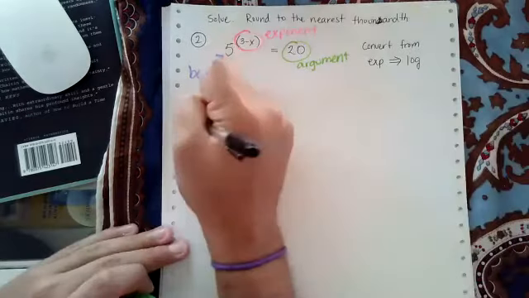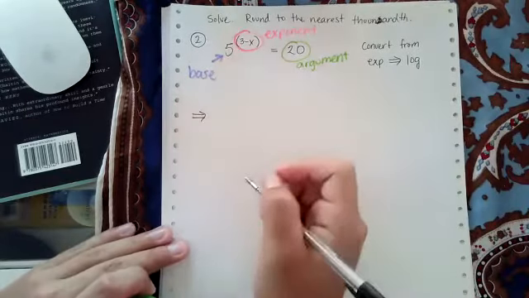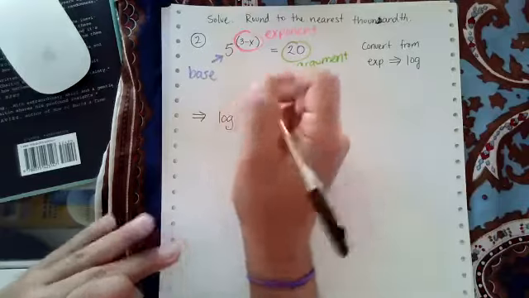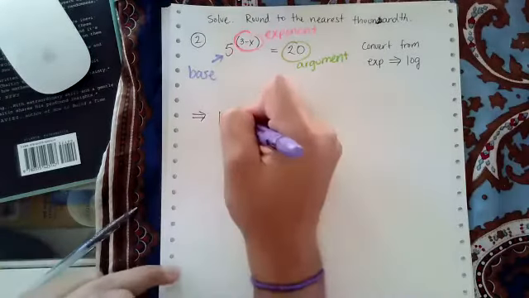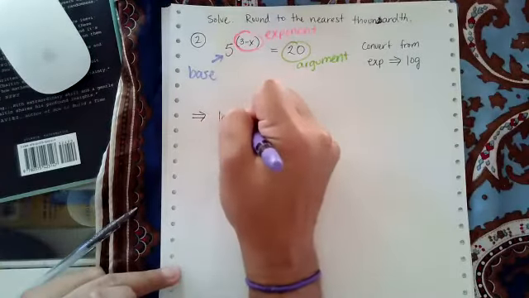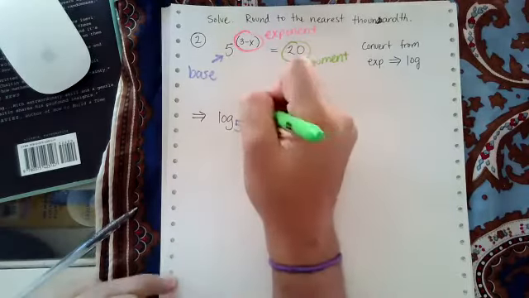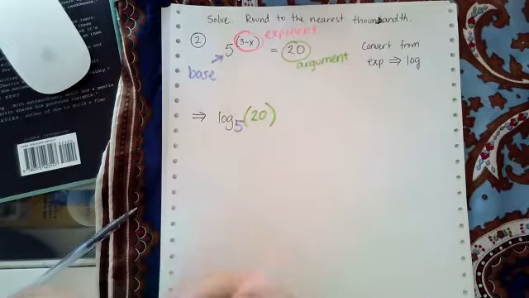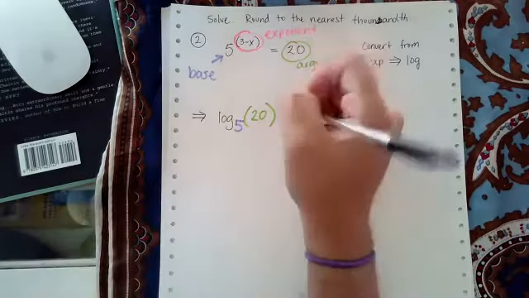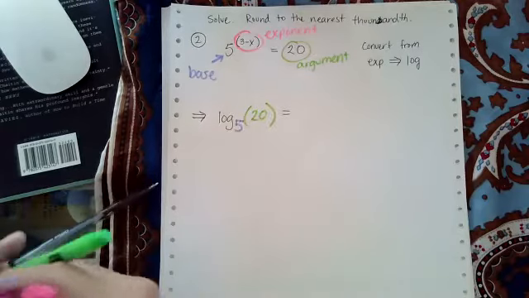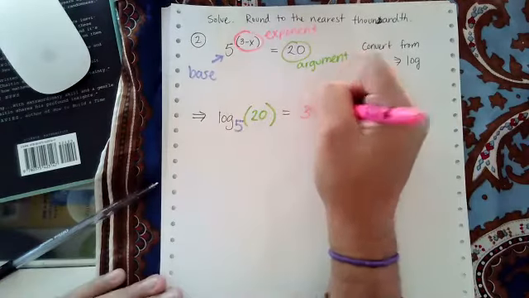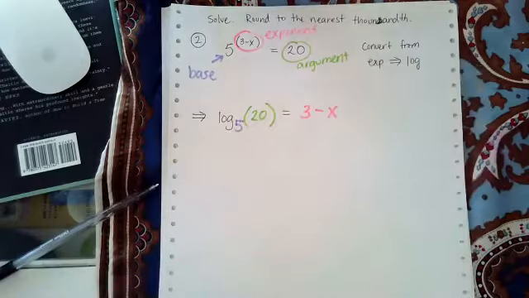I want to rewrite this equation as log base 5 of 20, and that should equal 3 minus x. Are you guys okay with that step?